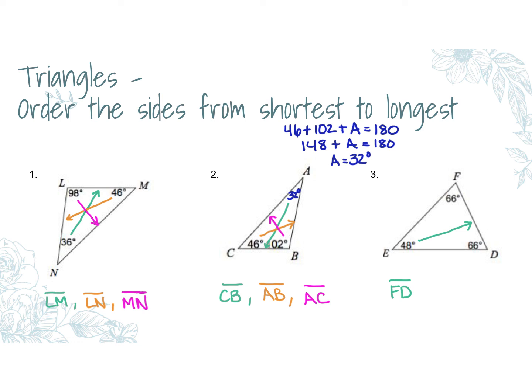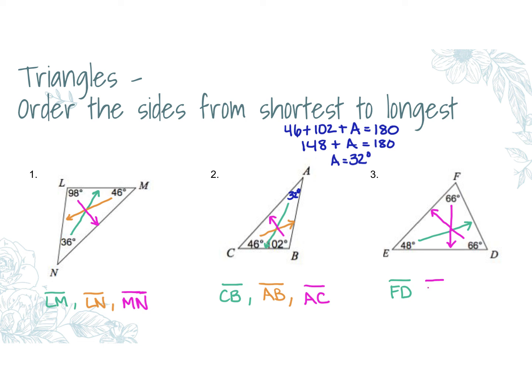I notice that my other two angles are both 66 degrees, so we wouldn't have a middle angle in this problem. Both side lengths, side EF and ED, would both be of the same length. So both of them are our longest sides, and it does not matter which one we put first in the order.